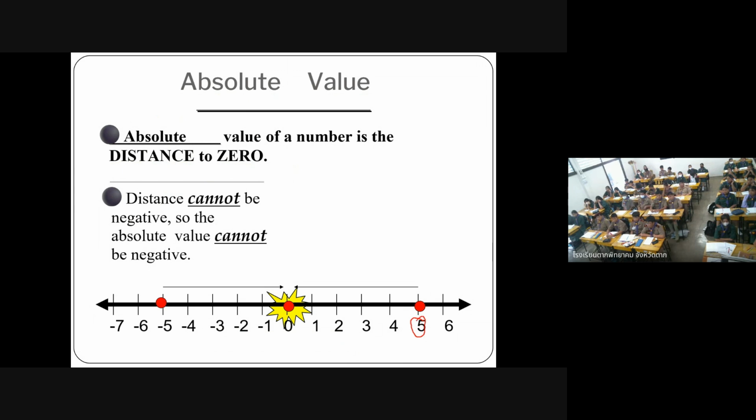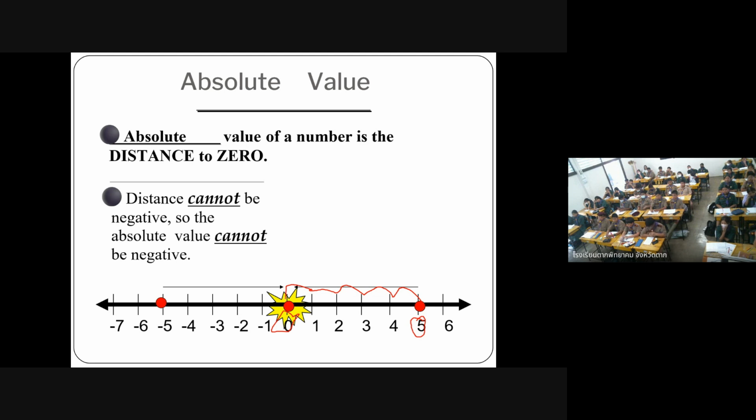And 0 is somewhere over here. Now, since we're dealing with the distance, how far is 5 to 0? We have 1, 2, 3, 4, 5. Meaning that the distance of the number 5 to 0 is 5.